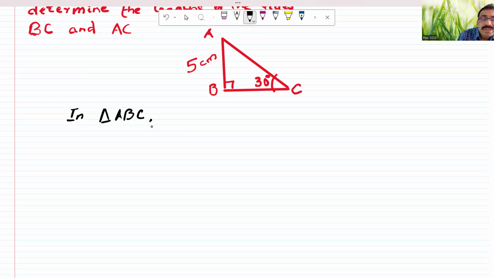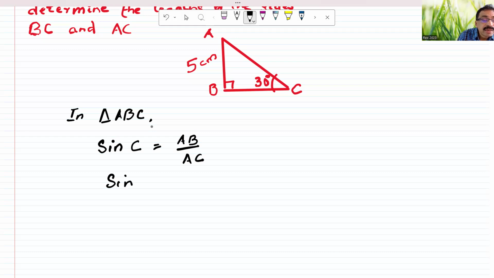Now, which is the trigonometric ratio that connects opposite and hypotenuse? It is sine, right? So you can say sine of angle C is equal to AB divided by AC. And from the table that we learned, we know what sine of C is.